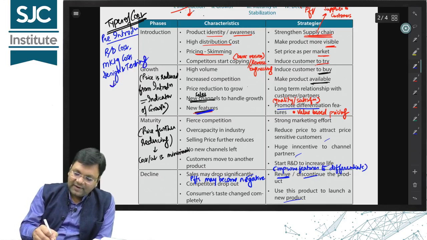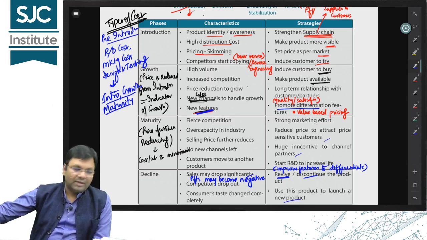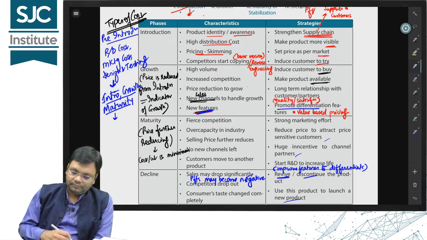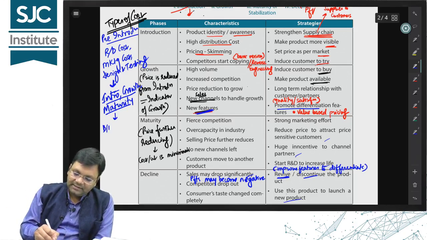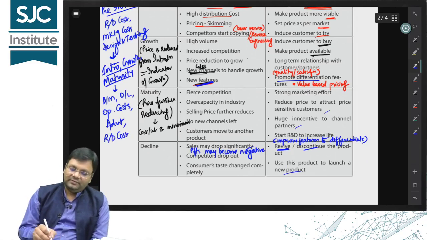Then after pre-production, during your introduction, growth and maturity phase, you have all the material, labor, other operating costs, advertisement cost, and R&D cost may exist here also, but the proportion of that cost will be quite less.